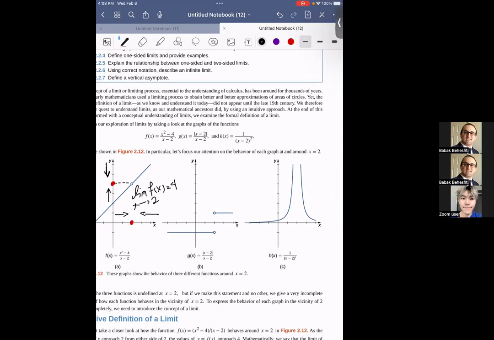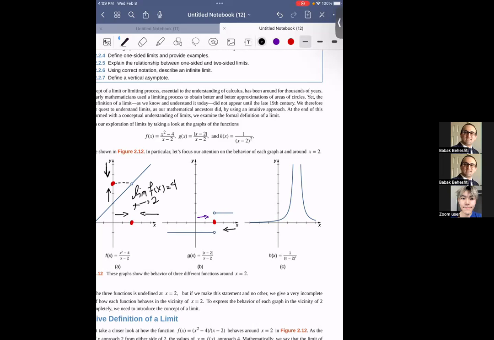When you approach x equal to 2 from the right-hand side, that means when x is greater than 2, the value is 1. But if you approach from the left-hand side, the value is negative 1. We say the right limit is when x approaches 2 from the right-hand side.